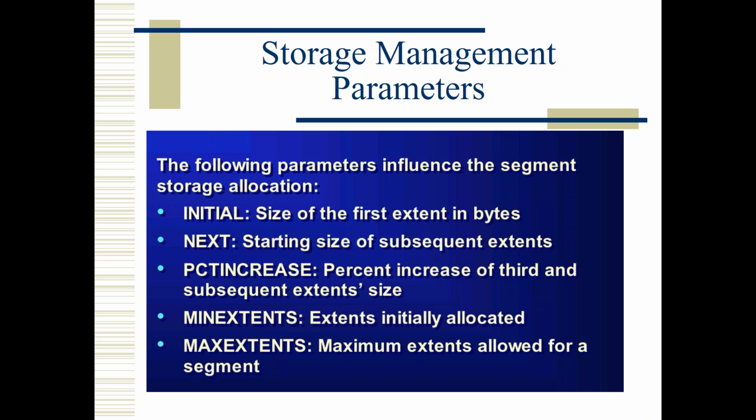So if we say increase it by 5% or 10%, then each time a new extent is allocated, we can make the growth exponential versus linear. And we can cap out the storage by setting up max extents.